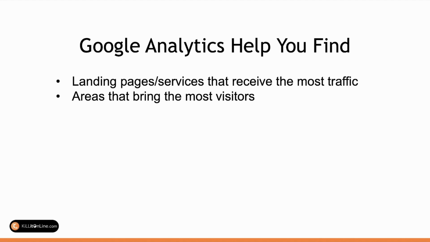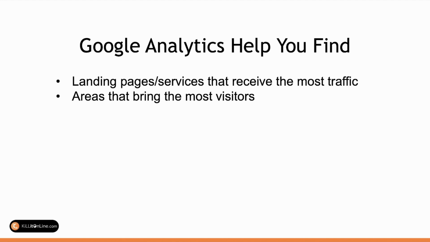Then what I can do is create a page on my website dedicated to the city of Marietta. I can have my writer write a blog post which is focusing on the city of Marietta.